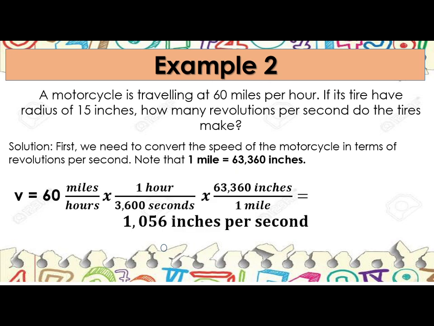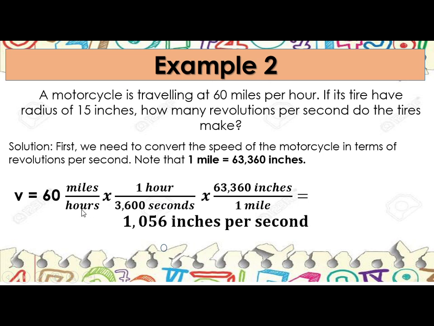All you have to do here is take your 60 miles per hour and convert it into inches per second. Using the statement that 1 mile is equal to 63,360 inches, we could actually convert that.